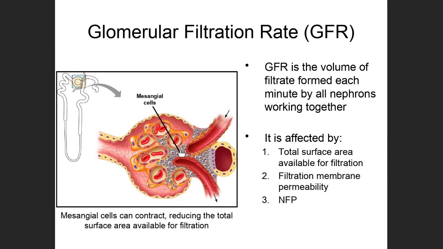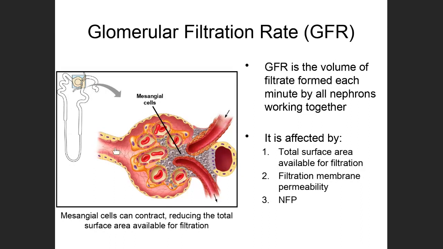But the primary thing that's affecting the GFR is the NFP, the net filtration pressure, which, remember, is highly dependent on the blood pressure within the glomerulus. And what we see between the NFP and the GFR is that there is a direct relationship. So when net filtration pressure increases, it makes sense, if there's more pressure in the glomerulus, we're going to push more out into the renal tubule, and we're going to increase that GFR.